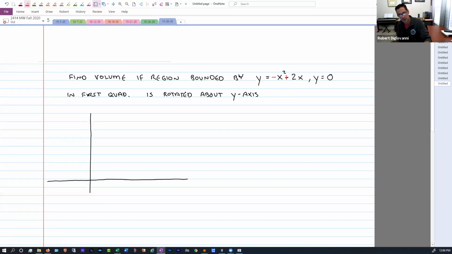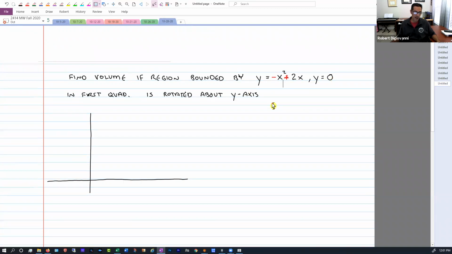Make that a minus and a plus. I want this thing opening down, not up. That should get it. We want y equals negative x squared plus 2x, y equals 0 in the first quadrant.